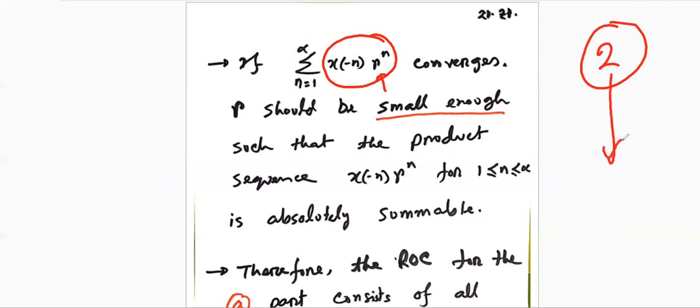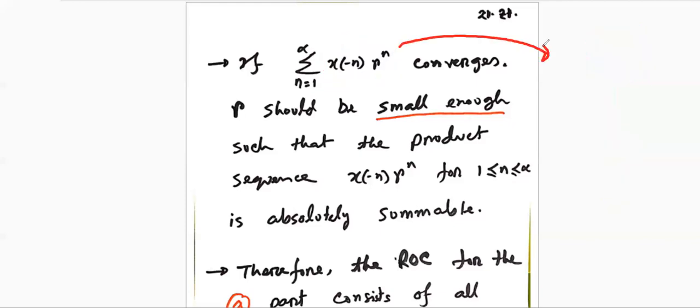From 2 to 0, always the lowest value is 0, because if 2 makes the system stable, definitely a lower value will make the system more stable. That is very true. And that is the portion we are talking about: n equals from minus infinity to minus 1 and x[n] r to the power minus n.